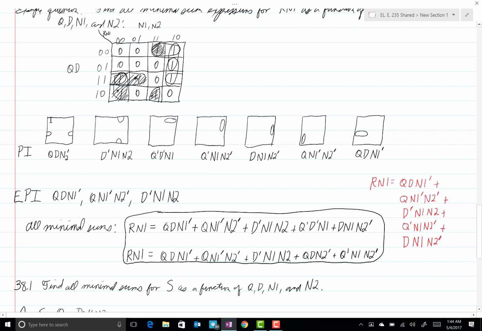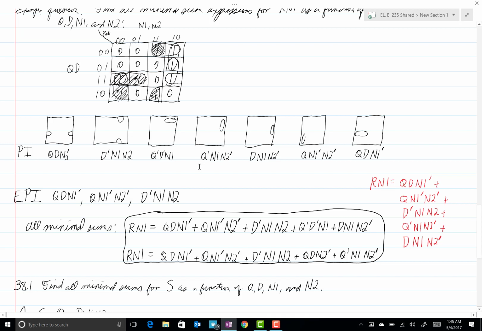In our example, we identified all of these prime implicants, and we also identified these essential prime implicants, and therefore these three essential prime implicants, as we would expect, are in every minimal sum that we identified. They are the first three terms, and of course that's always going to be the case, that all of the essential prime implicants will appear in every minimal sum.